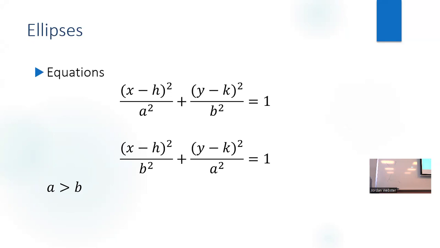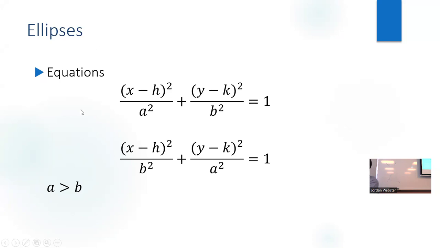One has (x minus h) squared over a squared plus (y minus k) squared over b squared equaling 1. By the way, these are the standard forms. The other has (x minus h) squared over b squared plus (y minus k) squared over a squared equals 1.